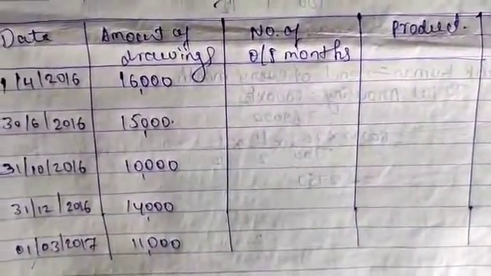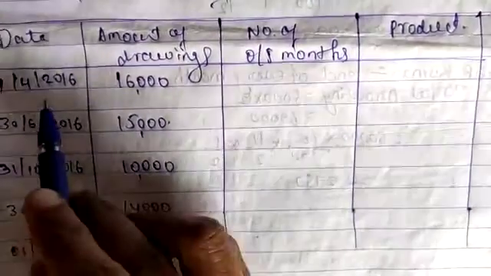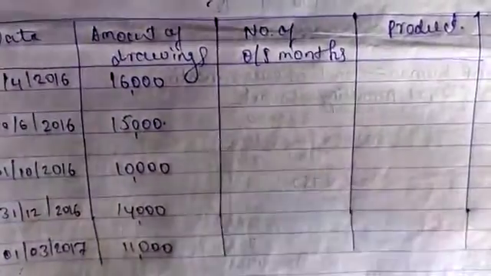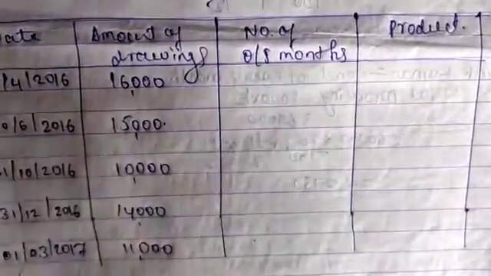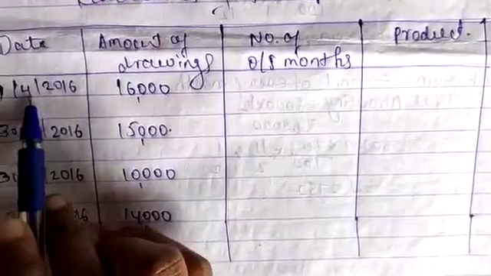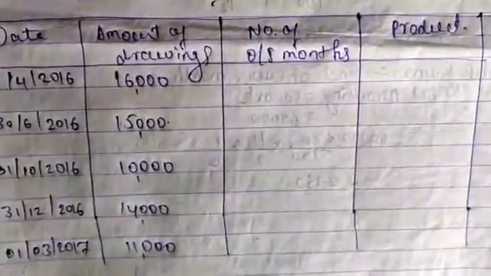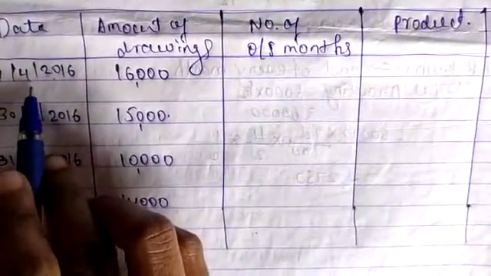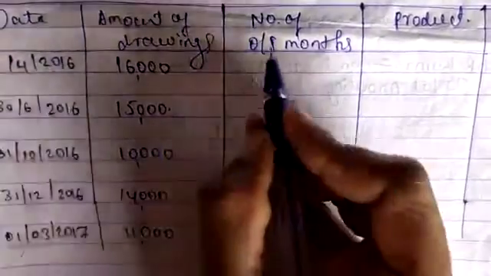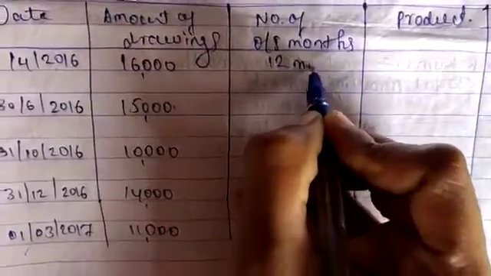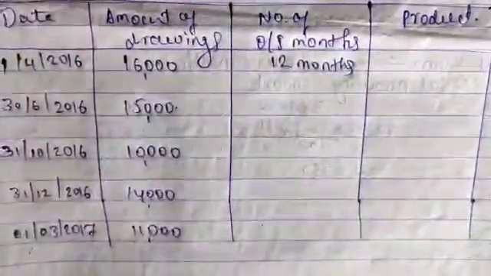So how to calculate outstanding months? From the date of drawings till the end of the accounting period. The date of drawings is 1/4/2016 and the end is 31st/3/2017. So it becomes 1 year, 1st April to 31st March, so it is 12 months outstanding.